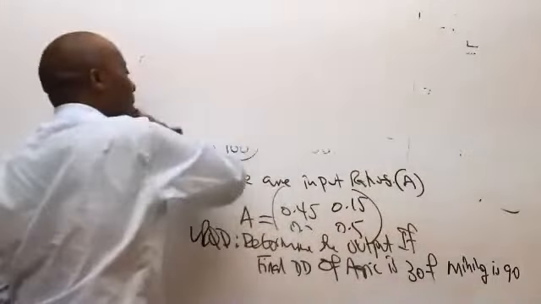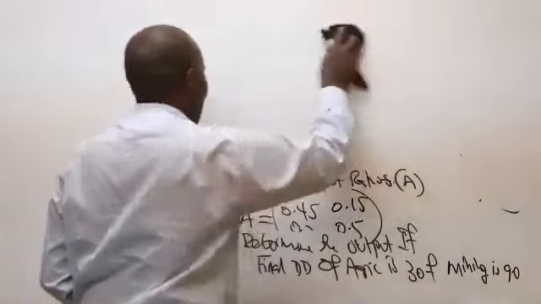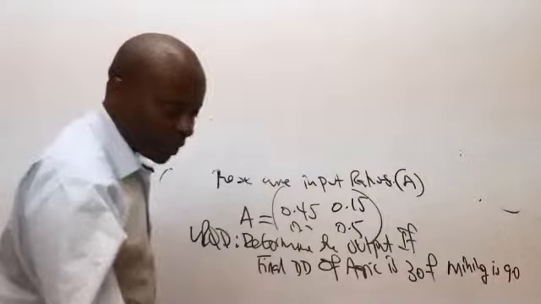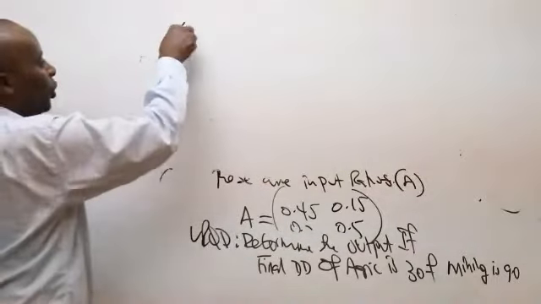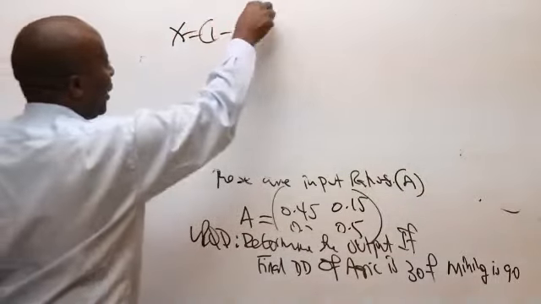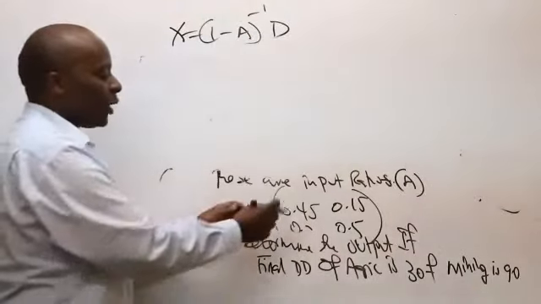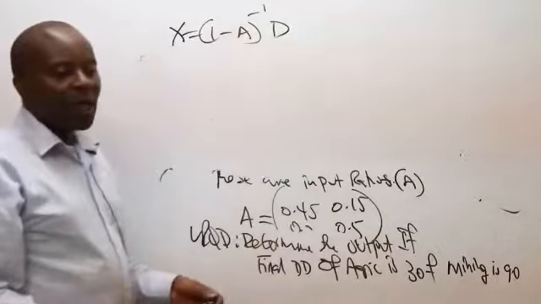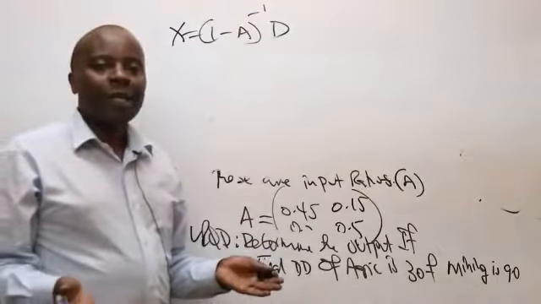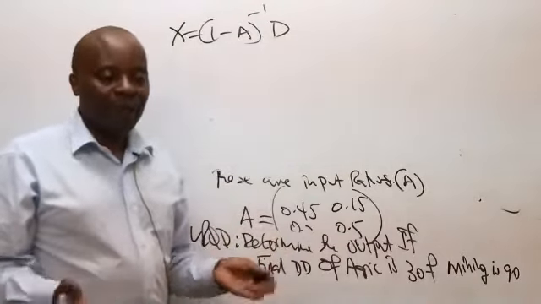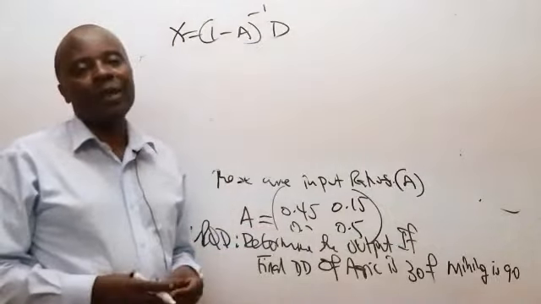Now I need to remember the Leontief inverse model, which tells me that X should be equal to (I minus A) inverse times D. Then you go through the entire process that I've just shown you a few minutes ago.